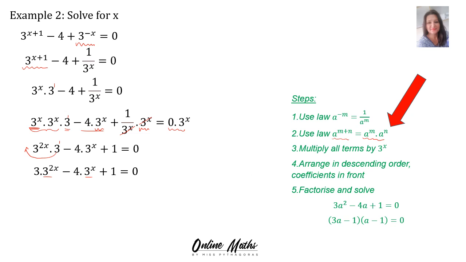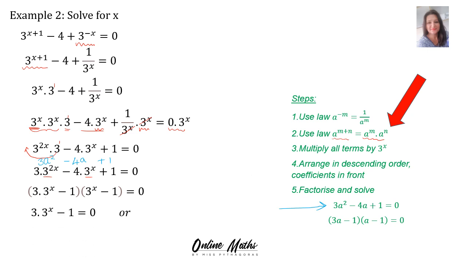So if you look at this one, you can recognize that as 3a squared minus 4a plus 1. And you will see that I factorized that one for you there. And it becomes (3a minus 1)(a minus 1). Therefore, our sum is (3 times 3 to the x minus 1)(3 to the x minus 1).